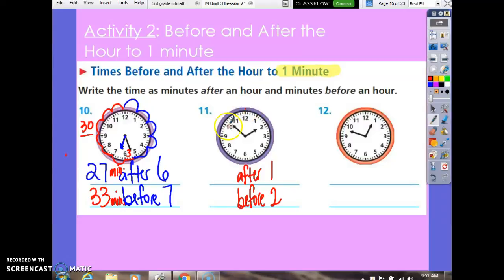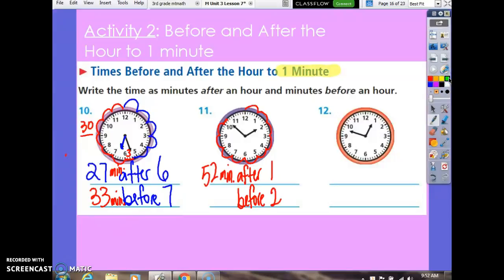Well, I know that this 10 means 50 minutes, right? And the minute hand is after the 50, so I know it's more than 50. I can also count 5, 10, 15, 20, 25, 30, 35, 40, 45, 50, 51, 52. So it's 52 minutes after 1.